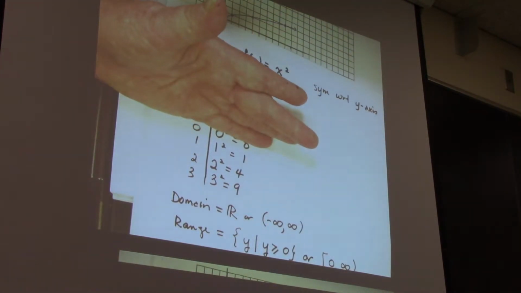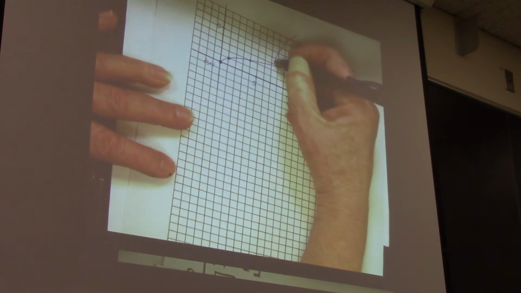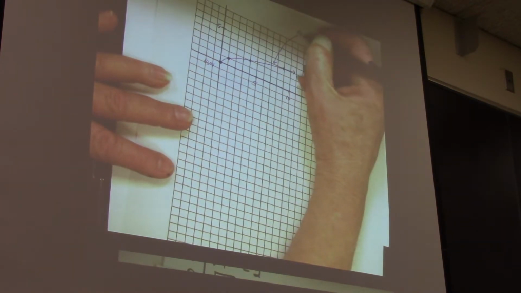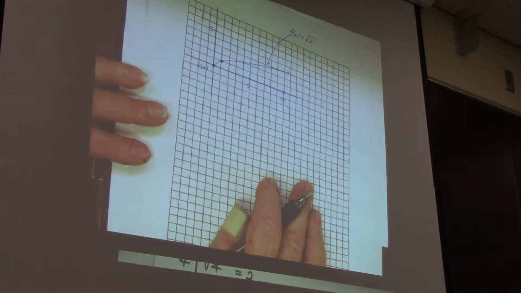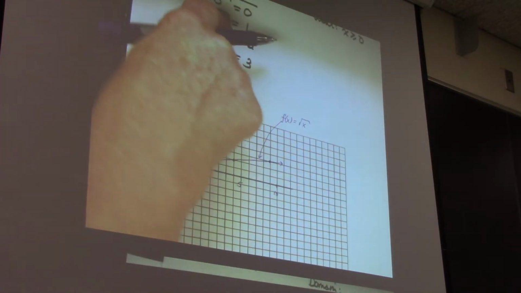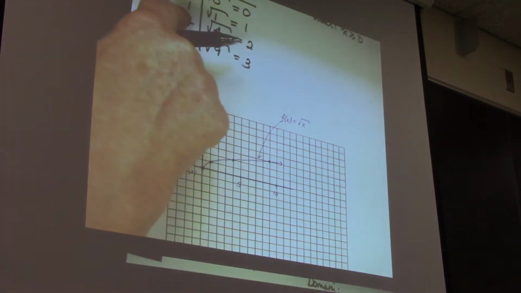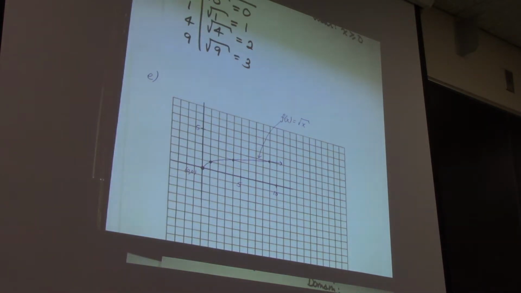So this is just half a parabola on its side. We want to memorize that that's what the graph looks like, and we want to have these points memorized. These are the nice points where I plug in 0, 1, 4, and 9 because then I can take the square root easily and not have irrational numbers.